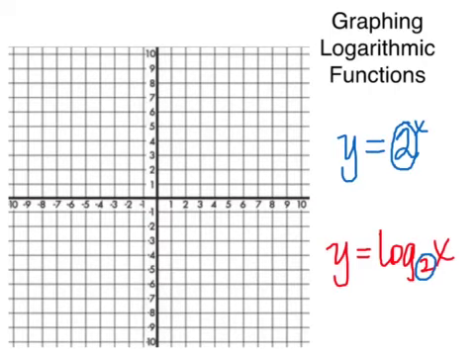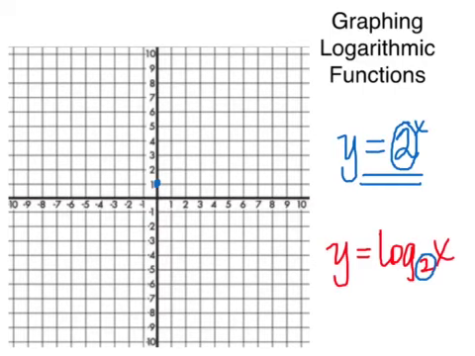So let's look at these two on a graph. We know that this is going to be an exponential growth type thing, and if you recall, our points always went through the point (0, 1) until we transform it some kind of way, but the parent function always went through (0, 1).